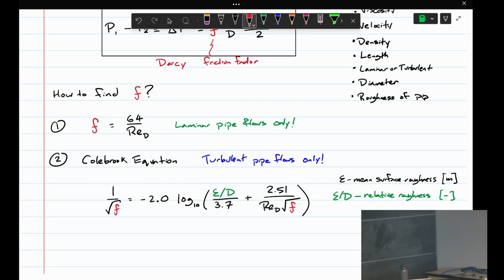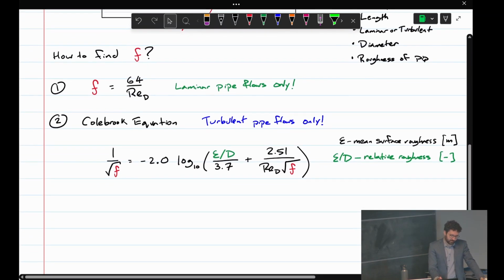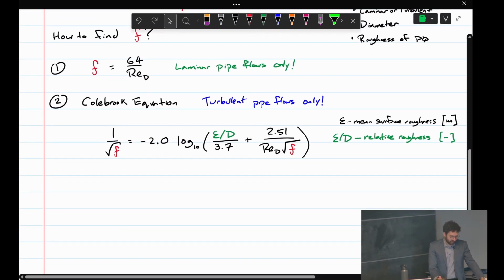So we have a few methods to get around this because we need to get F out of this equation. There are many different approximations in pipe flows for this friction factor, and they're all basically formed around approximating this Colebrook equation. In this course, we're going to use one approximate equation for that, just for consistency.